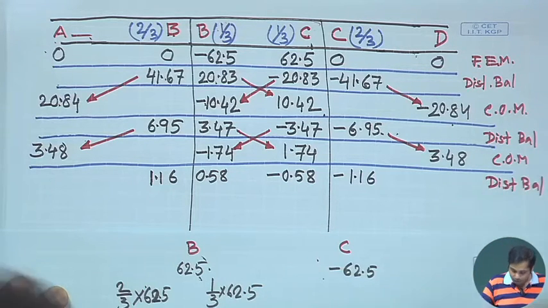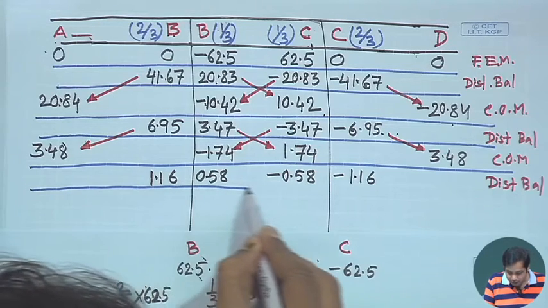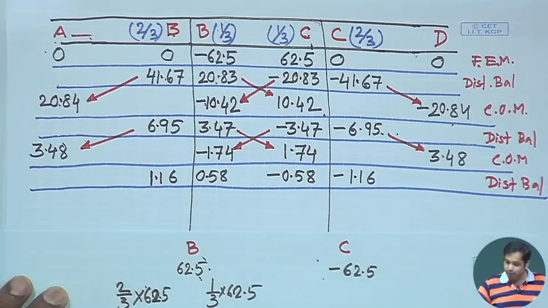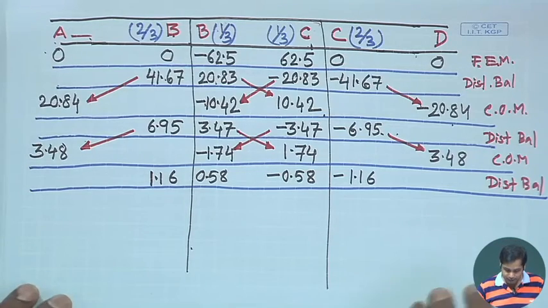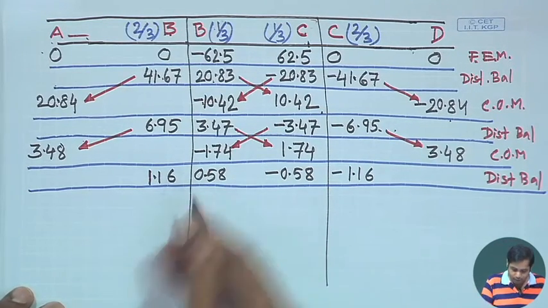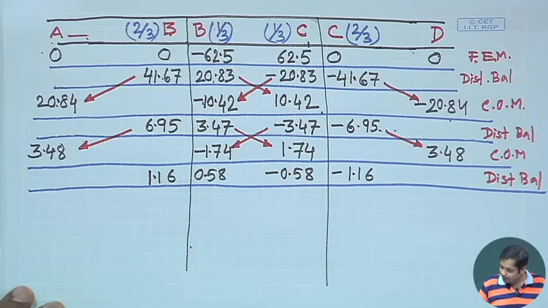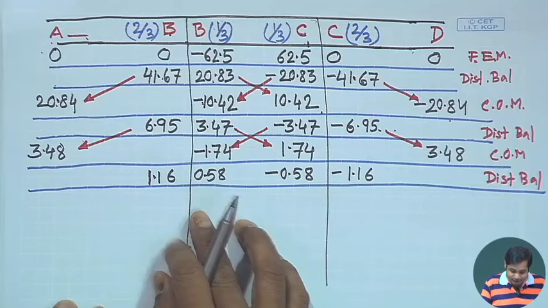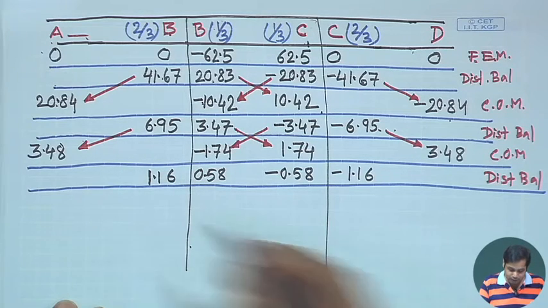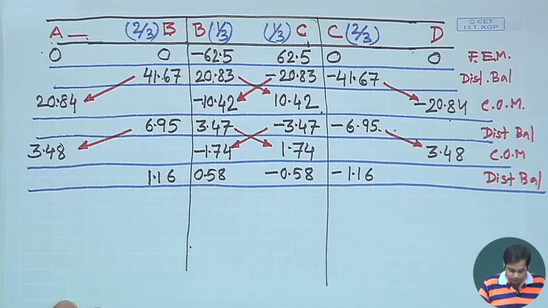Now still we need to continue the iteration because we have not achieved the tolerance. So what next? Next is again the carryover moment. So this will get carried over to the corresponding carryover moment.